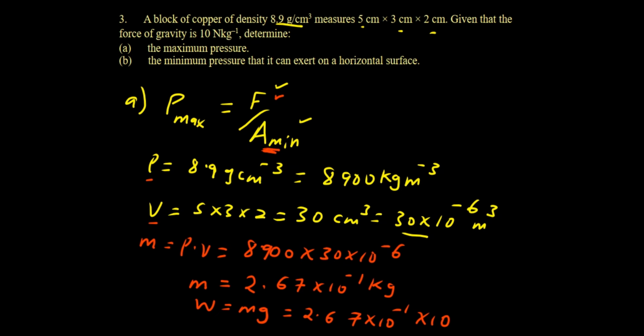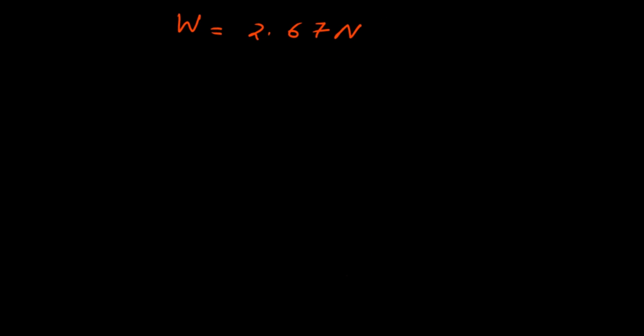The minimum area, we pick two values from these dimensions that will give us a very small area. Remember, it's 5, 3, and 2.